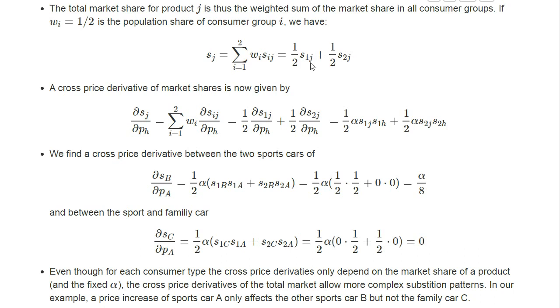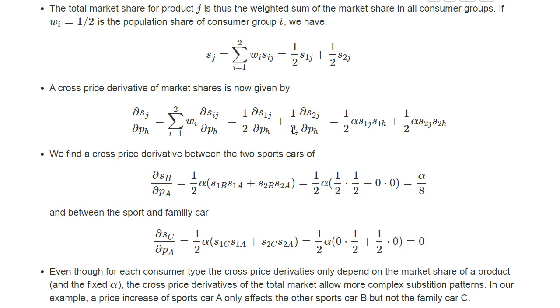group 1 and 1/2 of the market share of product J within consumer group 2. And if we look now at the price derivatives, we essentially find that it's the weighted sum of the price derivatives for each consumer group. So if we differentiate this sum with respect to some price pH, we get this formula.